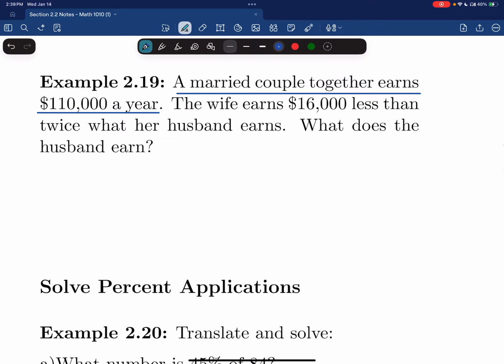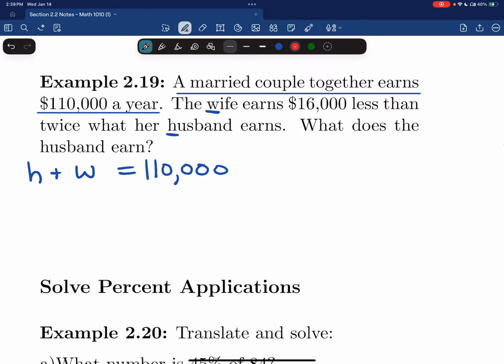That married couple has a husband and a wife. So let's use H and W as the amount that each earns respectively. So H plus W, if I add their earnings together, they make $110,000 total. That's our first equation that we have found.